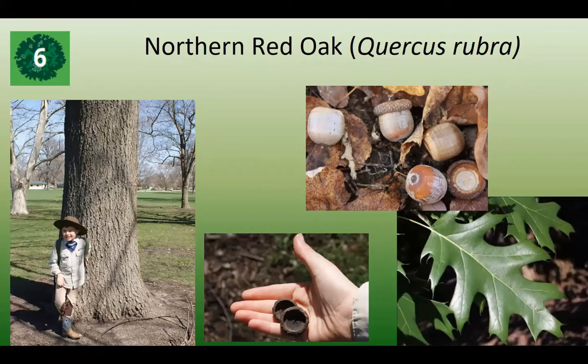He couldn't, but he found a couple of cups. You notice that these cups are very, very flat. They remind me of the Scotsman's tam o' shanter, the little flat hat that the Scotsman wears. And you also notice that the shape of the acorn is not oval like the white oak. It's more sort of squat.